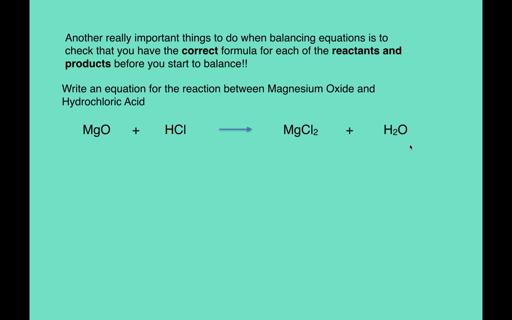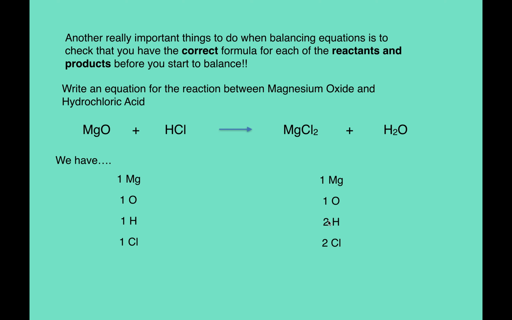This is where we have to be very careful and make sure we balance carefully. On the left-hand side at the moment, we've got 1 magnesium, 1 oxygen, 1 hydrogen, and 1 chloride. On the right-hand side, we've got 1 magnesium, 1 oxygen, 2 hydrogens, and 2 chlorides. So, we've got a problem.